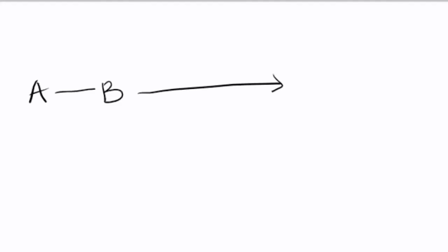Now, if this should cleave in a homolytic cleavage process, this takes part of the electron, and this also takes part of the electron. So the products formed, we have A, and then we have B.